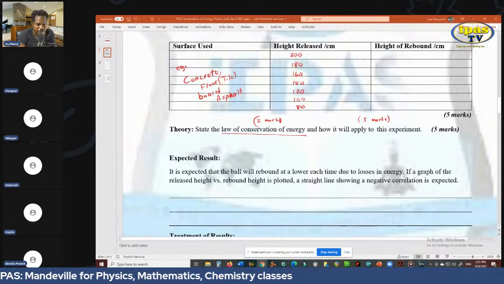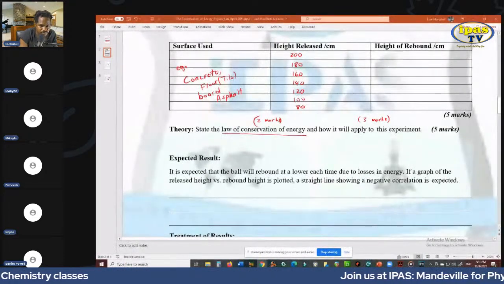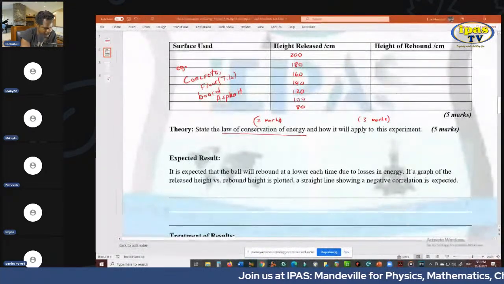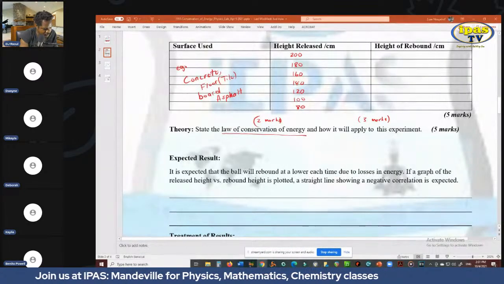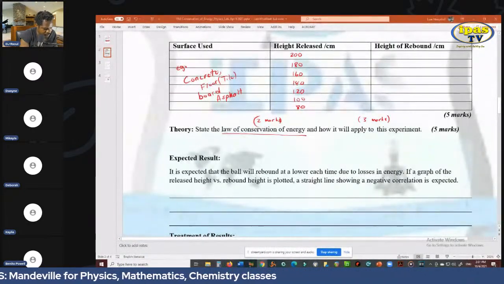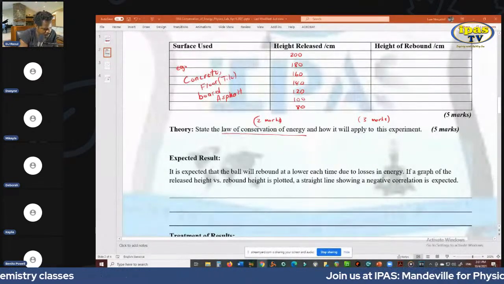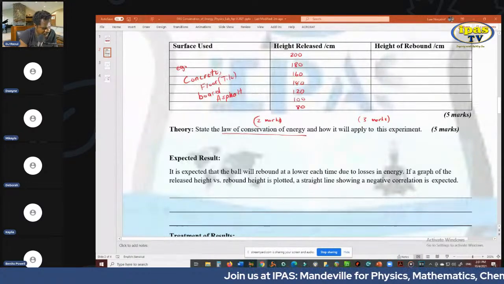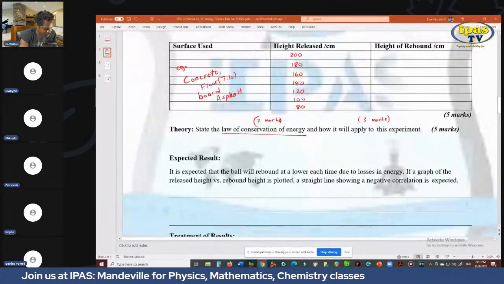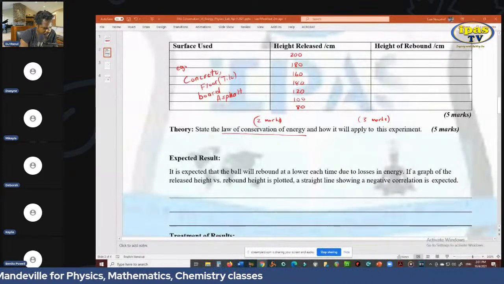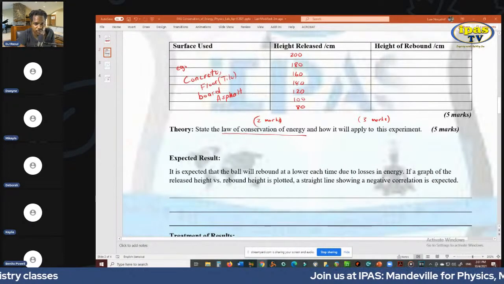Stay tuned, we'll bring that up on the screen in a sec. Basically it says that energy cannot be created or destroyed, but can only be changed from one form to another.